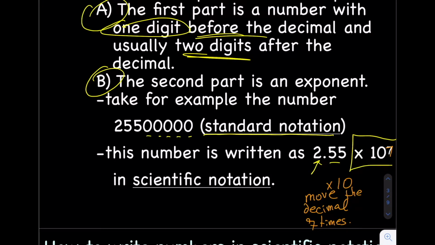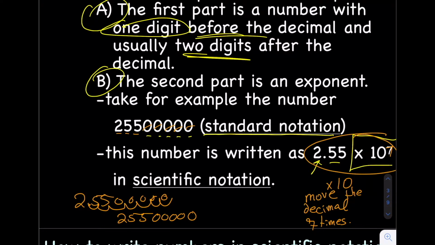So if we have this 2.55, move the decimal 7 times. Let's do it. We're going to have 1, 2, 3, 4, 5, 6, 7: 255 with 1, 2, 3, 4, 5 zeros after it. Okay, so that's how we make a number written like this mean the same as that.